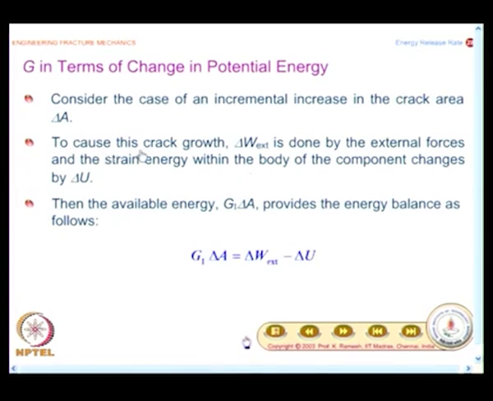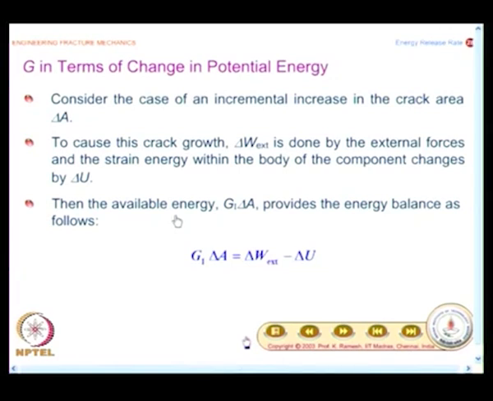In a generic situation, you will have change of work done given by delta W external as well as change of strain energy. In a particular situation, you may have only change of strain energy. So, you should not confuse these two, when you are trying to write a generic expression which will have components from external work done as well as change in strain energy.